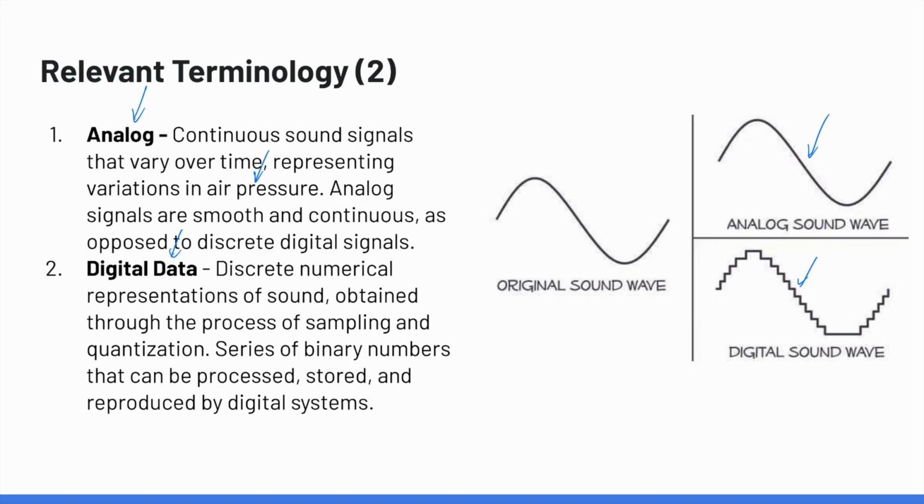This binary is processed and stored in order to record audio, and is read in order to reproduce audio as something that resembles an analog sound wave. But it's still never going to be as good as an analog sound wave because ultimately it's based on sampling. However, because our ear can't really distinguish beyond a certain rate, we may not notice it.